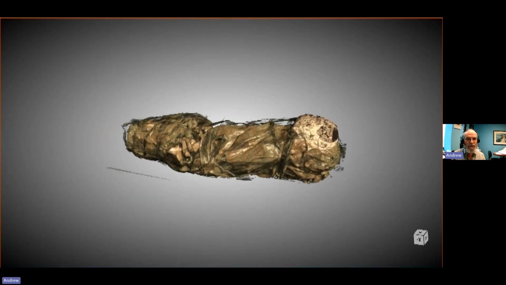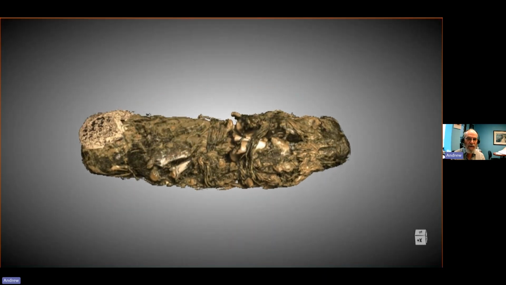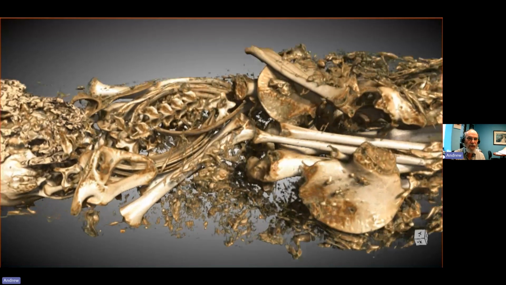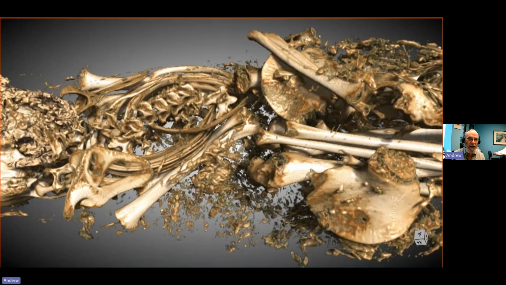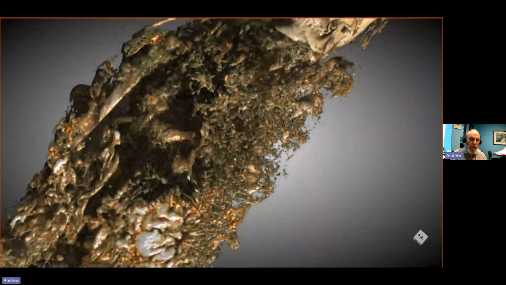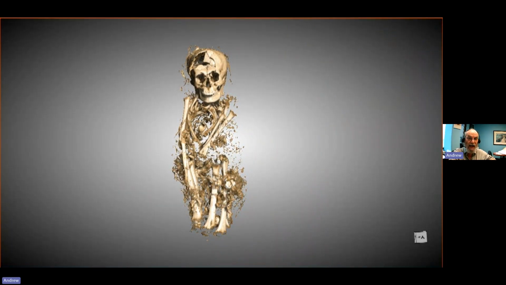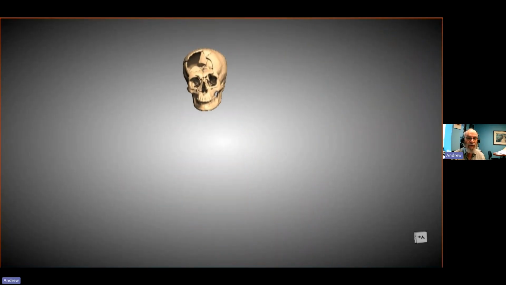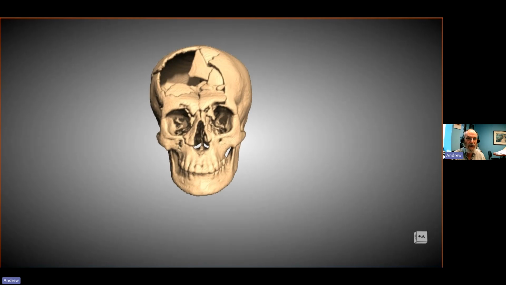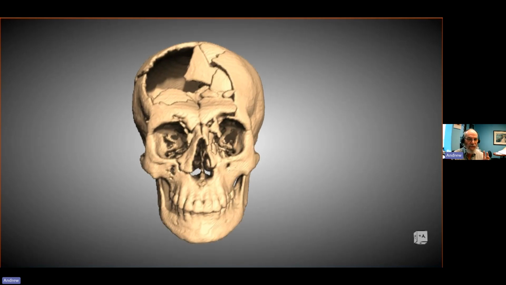Another feature of Dragonfly, of course, is using Movie Maker, which is quite important for public presentations, not unlike this. This particular view shows the arms were together on the back of the individual, but there were no hands. So as well as the blow to the forehead, the hands were cut off. And the other thing to realize from that video that went by quite quickly was the individual was buried face down.